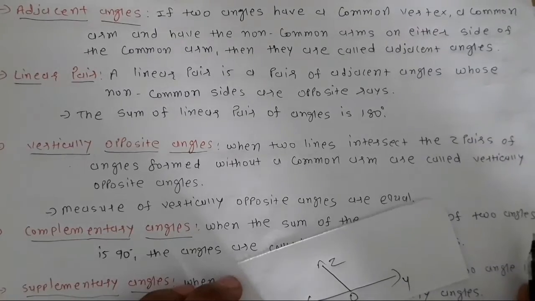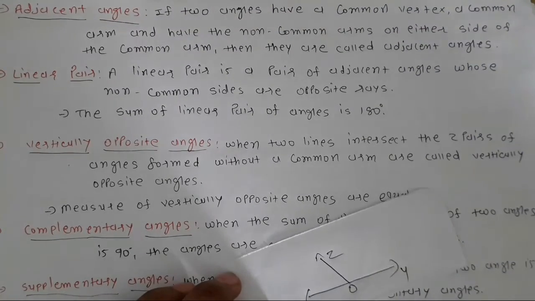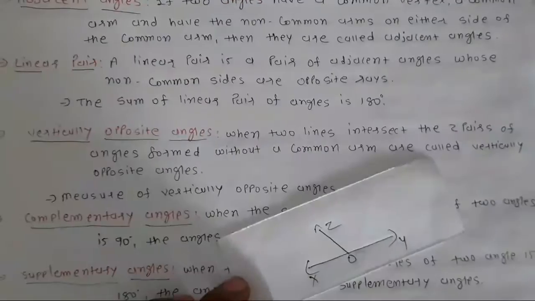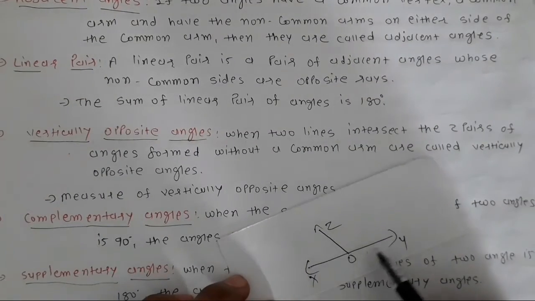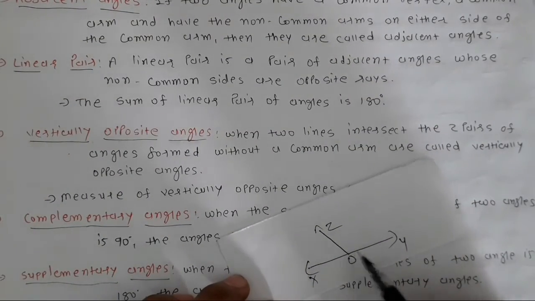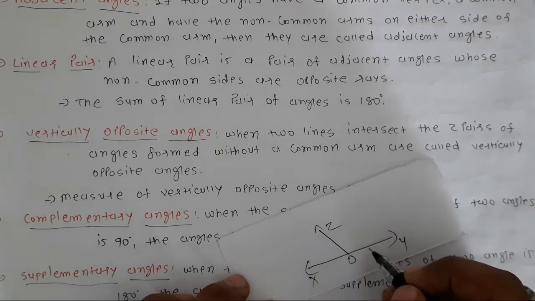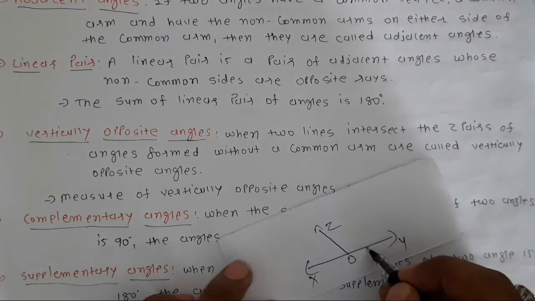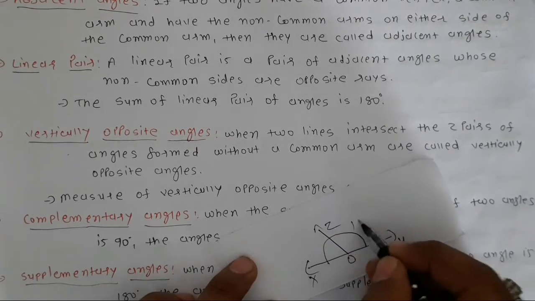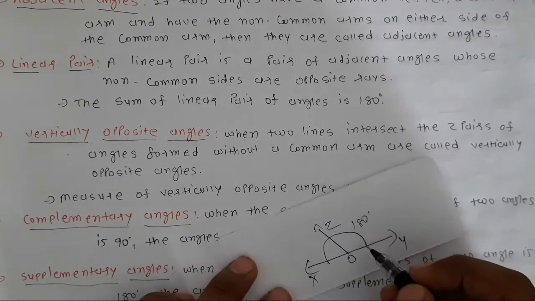Two angles are there whose non-common sides are opposite rays. In a linear pair, the total value of the angles is 180 degrees.